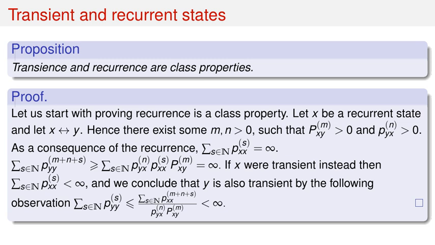Since the numerator sum corresponds to a shifted version of the sum for x, which is finite, and the denominator is a positive constant, this whole expression is finite, showing y is transient.